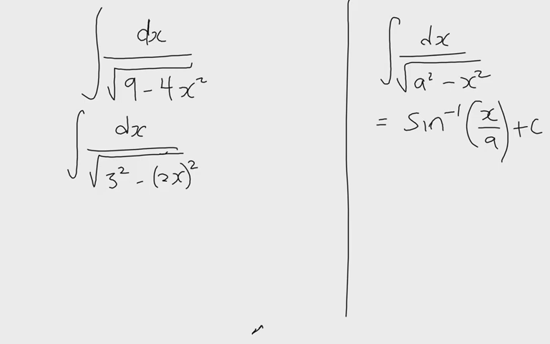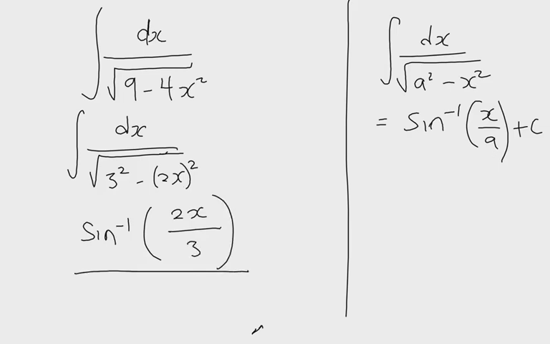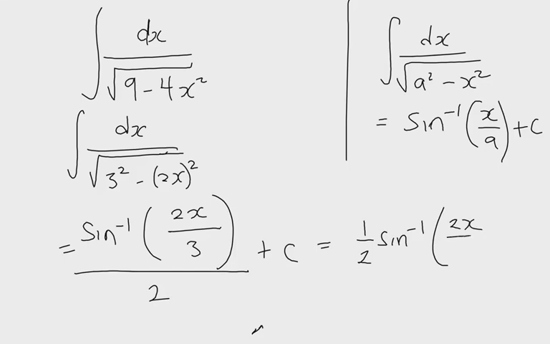So here you're going to have arc sine of 2x instead of x, divided by a, which is 3, and then we divide everything by that constant, which is 2, and that will give us 1 over 2 arc sine 2x over 3 plus C.